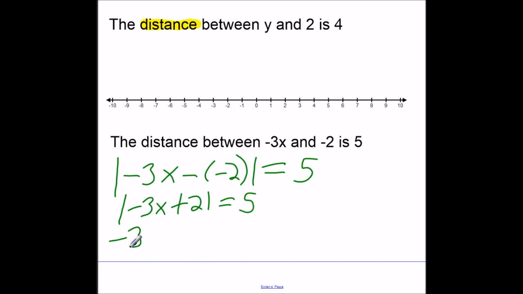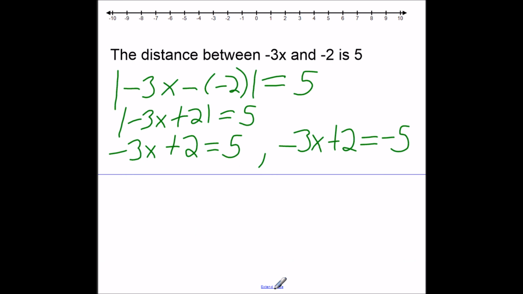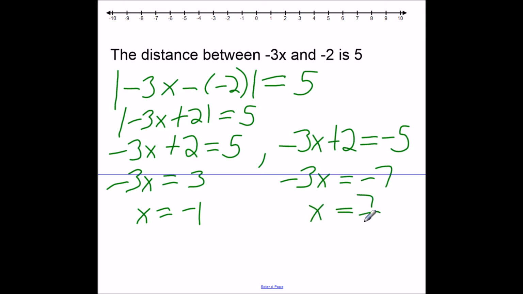So I've got negative 3x plus 2 equals 5, and I have negative 3x plus 2 equals negative 5. I'm going to solve both equations. And, okay, so x could be either negative 1 or x could be equal to positive 7/3.